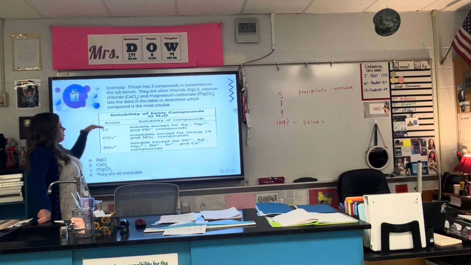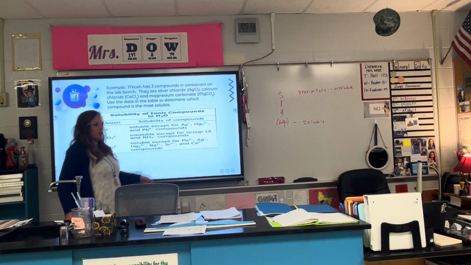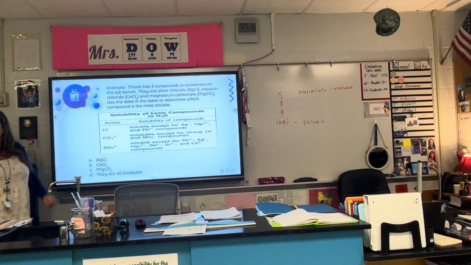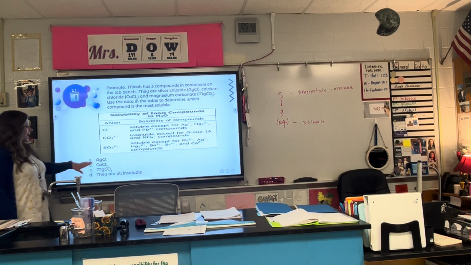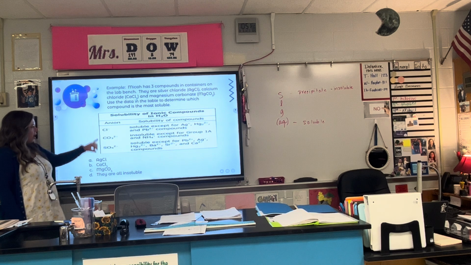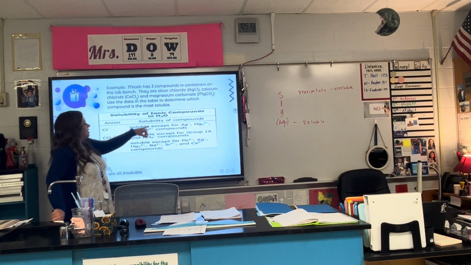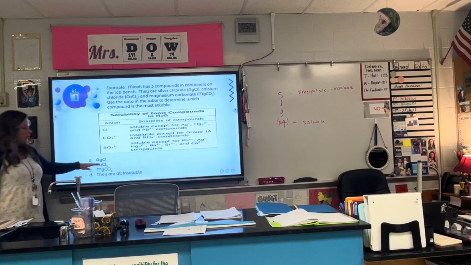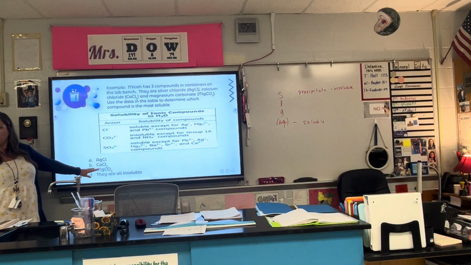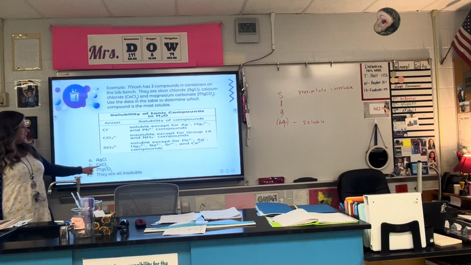Chlorides are soluble except for silver, so is that going to be the most soluble? No, because it just said it's not. Calcium chloride is a chloride, so soluble except for silver, mercury, and lead compounds. Is this one soluble? Yes. Let's check the others. Magnesium carbonate.